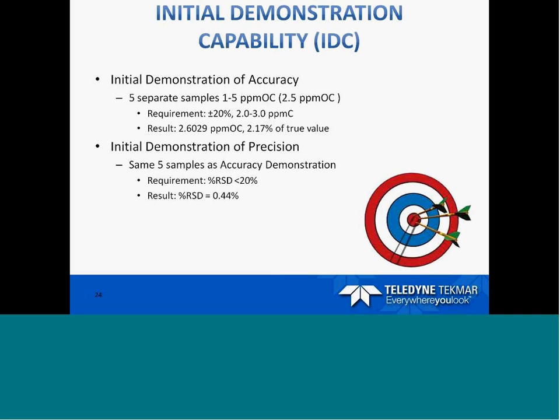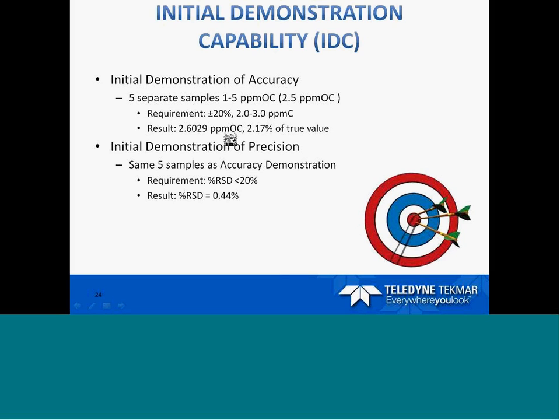Looking at the accuracy, we have 5 separate samples, and you have to run those between 1 and 5 ppm. We ran again in the center of that range, around 2.5 ppm, and it must be within plus or minus 20% of the true value.